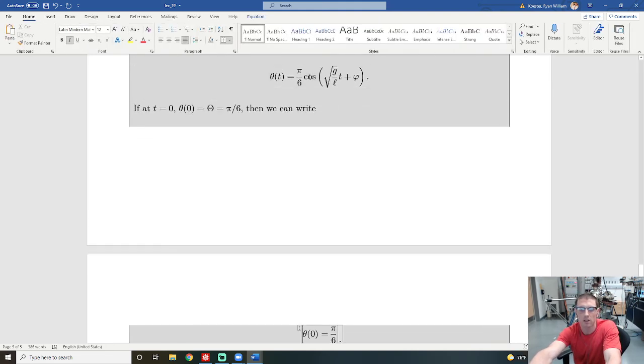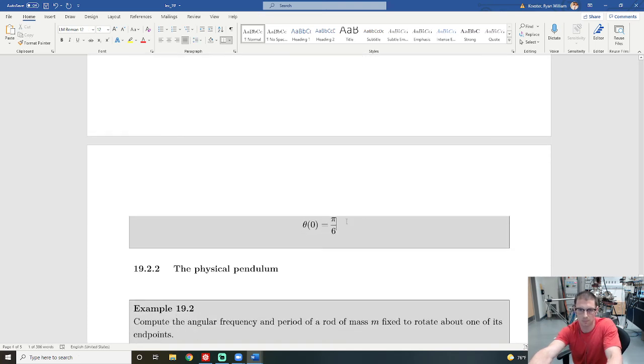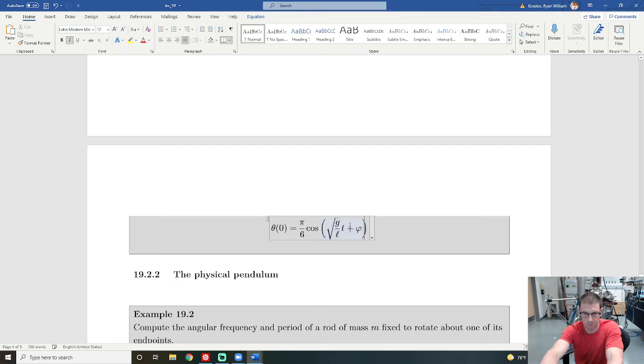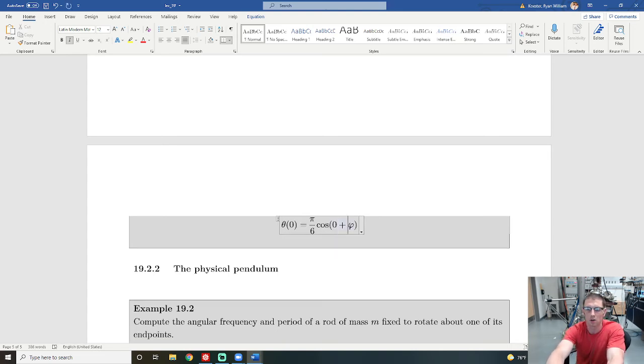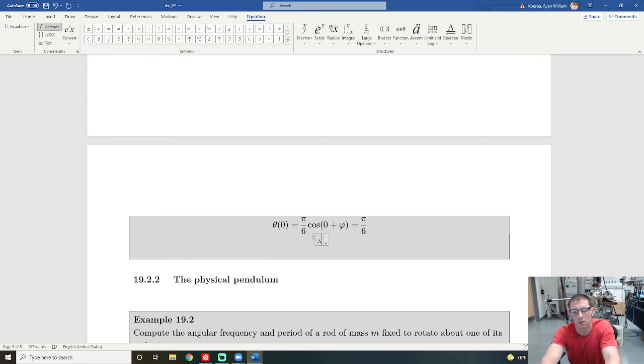And we had this equation, which I'm going to copy and paste. And now this whole term is 0 because we're talking about time t equals 0. So we simply have that cosine of phi equals 1, right? And so we would see that phi in this case would be 0.